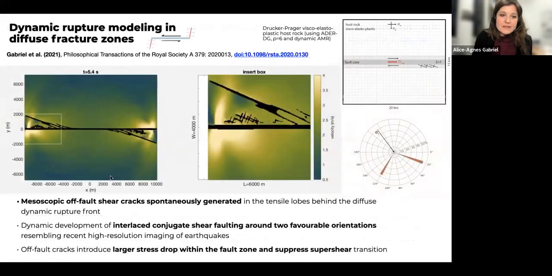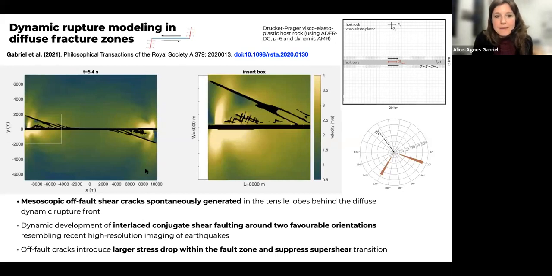And this is my last topic, where we've also been thinking about not prescribing these fractures, but modeling how they grow. There's really nice work by the group of Harsha Bhat. But in difference maybe to here, we've been interested in exploring if we can use different equations, different mathematical frameworks, to better understand dynamic rupture in diffuse fracture zones.